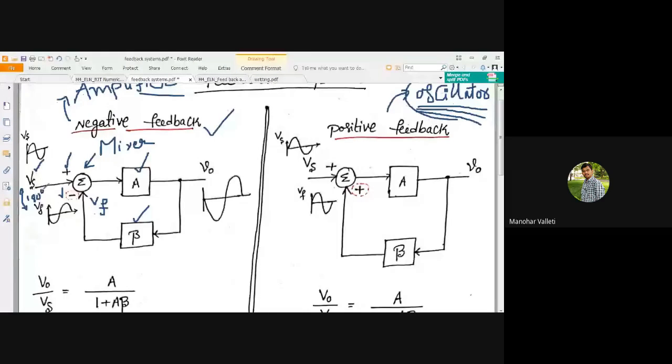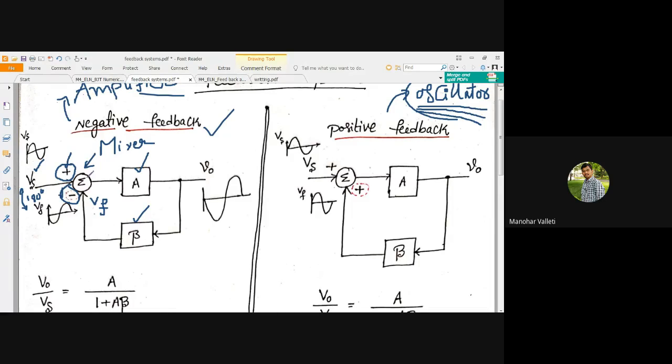This information is shown with the help of signs. If both signals are 180 degrees phase shifted, then they subtract from each other. So if the input Vs has a plus sign, then the feedback signal Vf will have a minus sign.